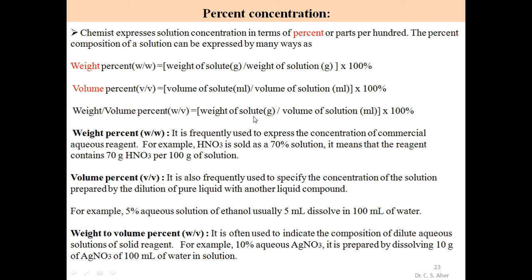We take 10 gram of silver nitrate and dissolve it in water to make 100 ml of solution. That solution is called a 10% aqueous solution of silver nitrate, that is weight to volume percent.